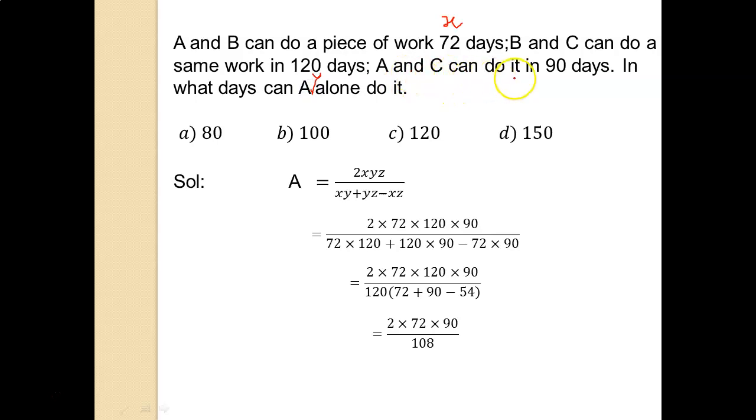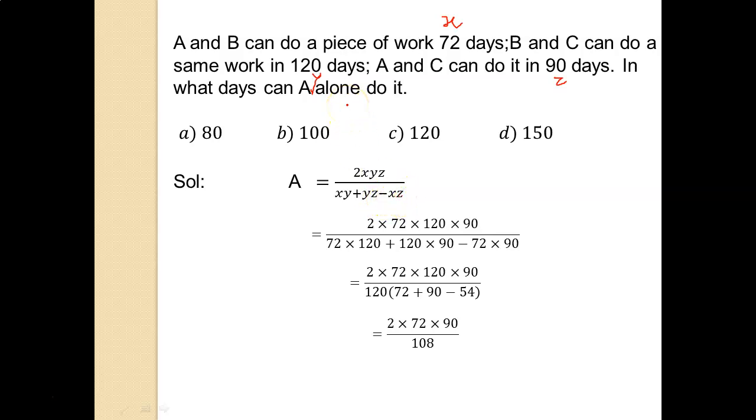And A and C can do it in 90 days, that means z. Now A includes A and B, that is x, 72 days. And A also includes A and C, 90 days, that is z. So A is containing x and z, so put the negative sign, minus xz.